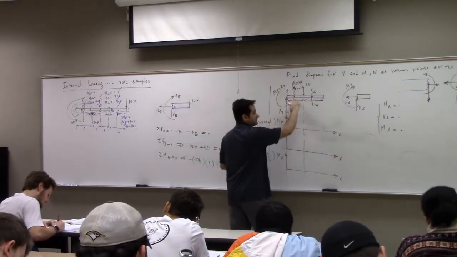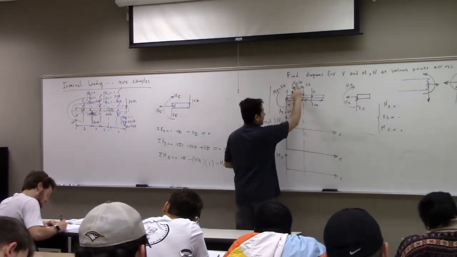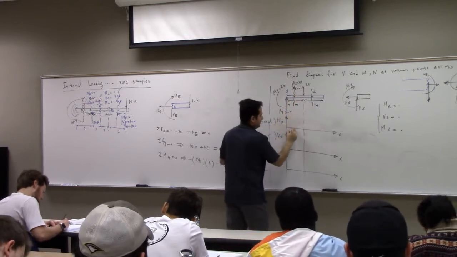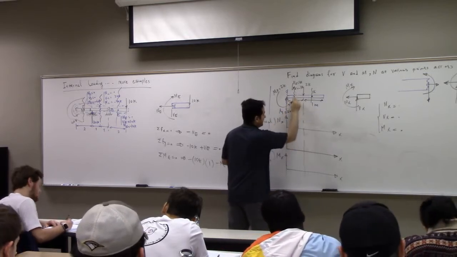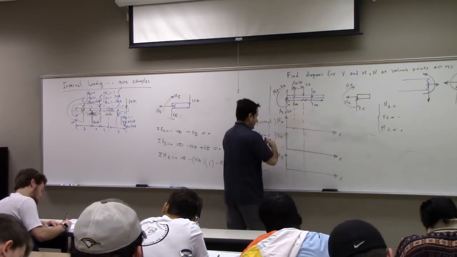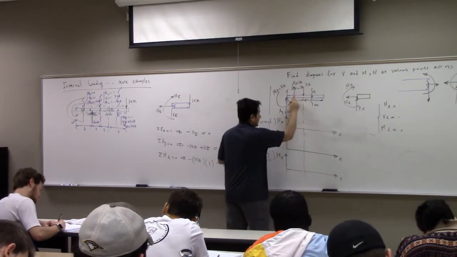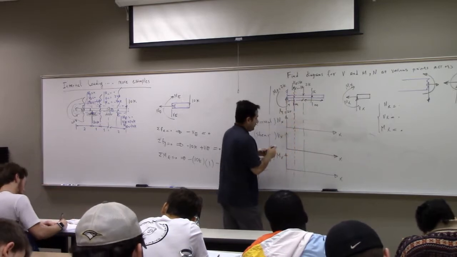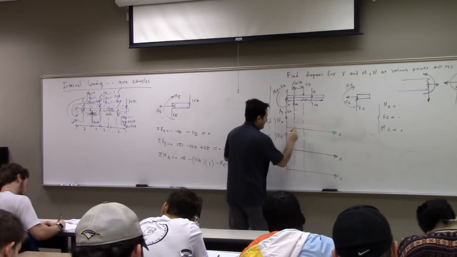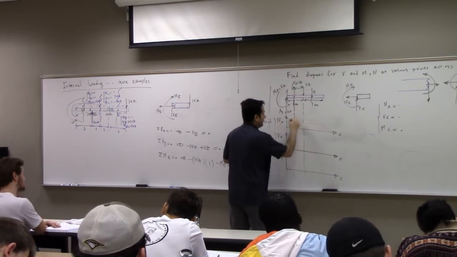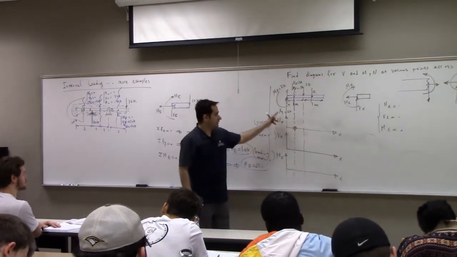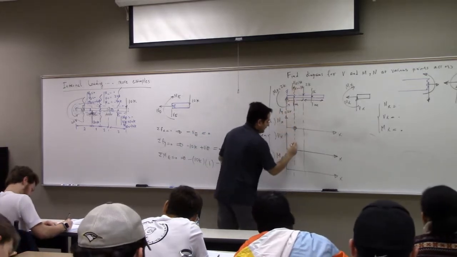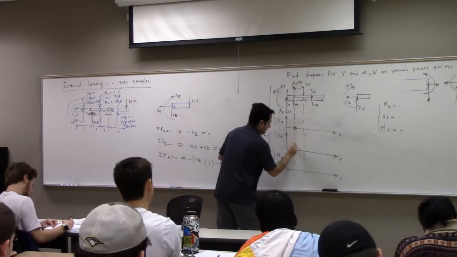So what are the values at this point? What is my normal force? The normal force is 0. Put a 0 here. You see? If you extend this line, at this point your actual normal force is 0, right? At this point, your shear is what? Positive 2K.